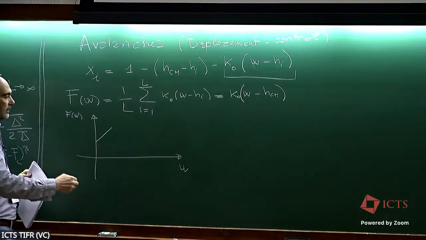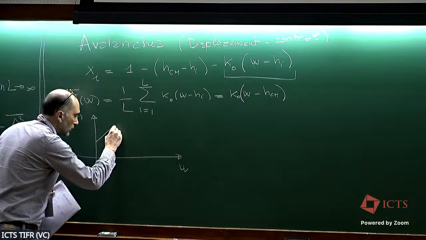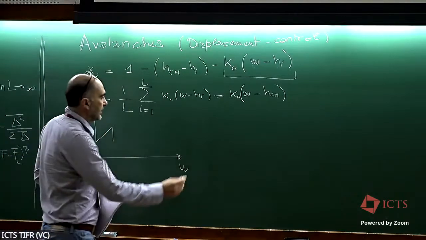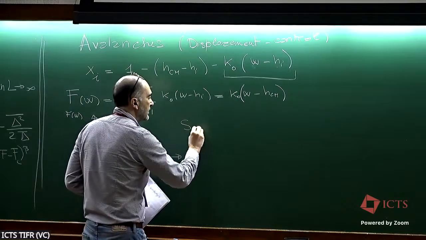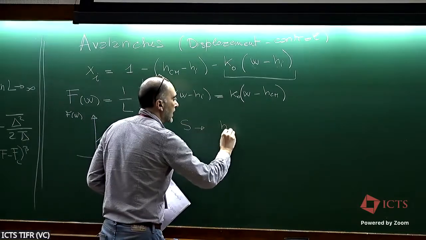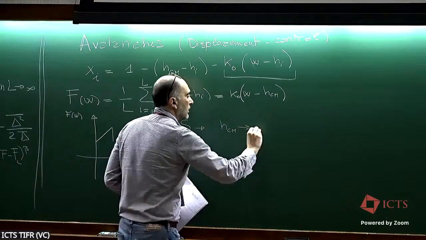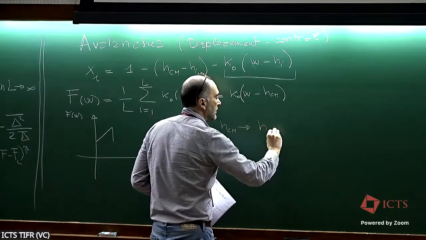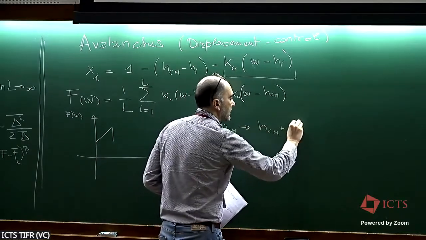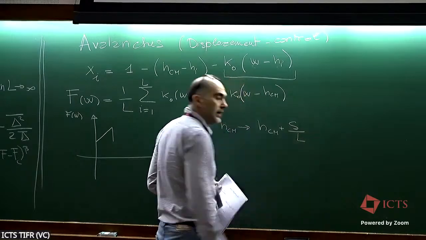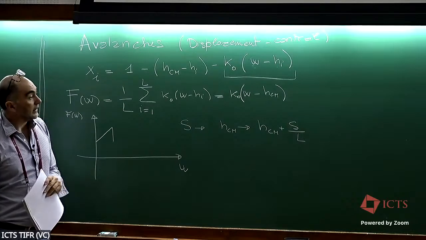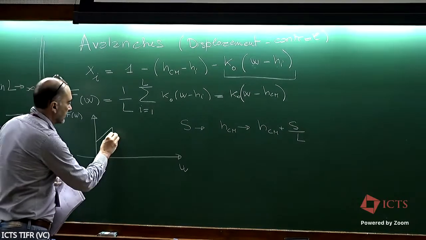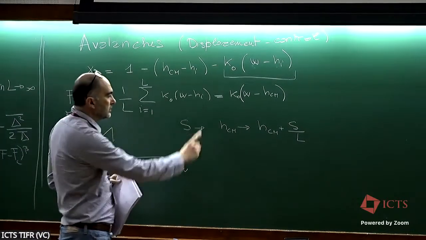You let the avalanche go, and if there is an avalanche of size S, then the center of mass becomes center of mass plus S divided by L, which is the number of blocks. And so you go down, okay?